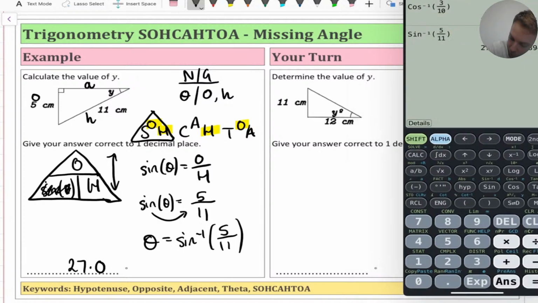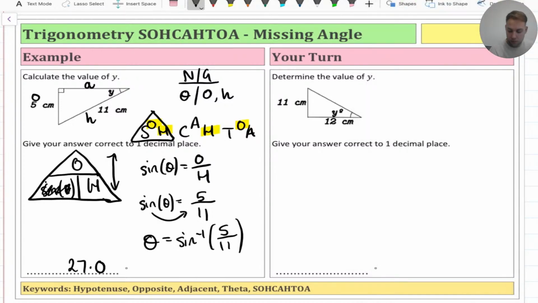Okay, so have a little go at that one on the right-hand side this time. Same process. Label it first. Write my need and got list. Highlight SOHCAHTOA, and then do all of the stuff.